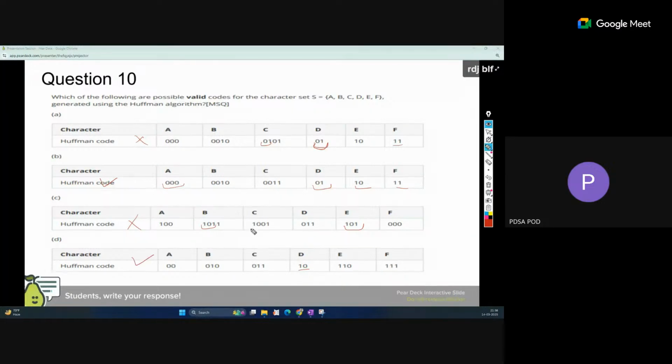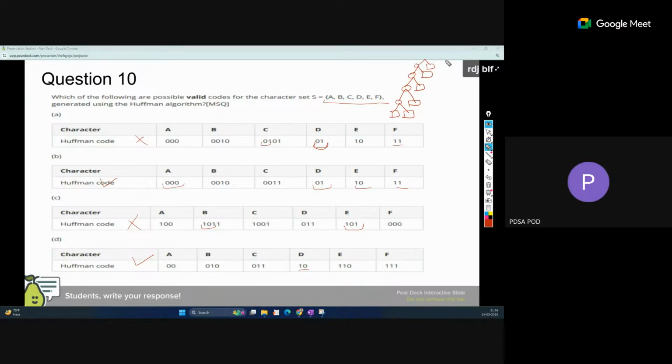So the prefix property you can check as one thing. Another thing you can check: we have a total of 6 characters. The possibility is one node will connect like this, and after that each node is connected like this. This is the maximum length of the code possible: 1, 2, 3, 4, and total we have 6, so 1, 2, 3, 4, 5 and one more.